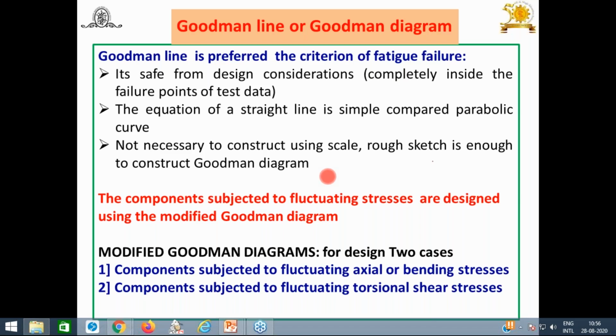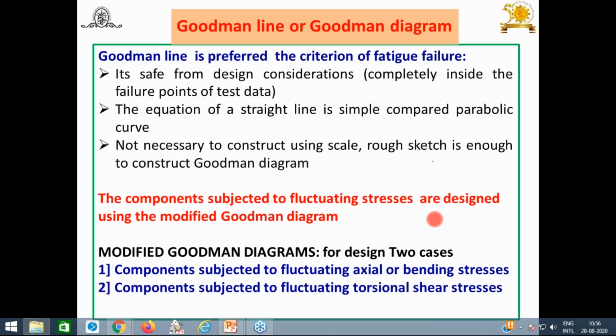So you can note down that the criterion is the modified Goodman diagram. There are two cases. One case, component subjected to fluctuating axial bending stress, and the second one is the component subjected to fluctuating torsional stress. Again, second thing, here also you will find a component subjected to fluctuating load, the modified Goodman diagram is the criterion, and again two cases: subjected to bending stress, subjected to torsional case.